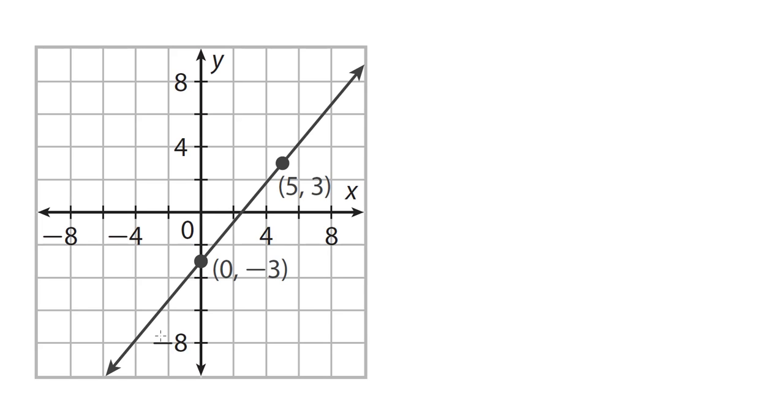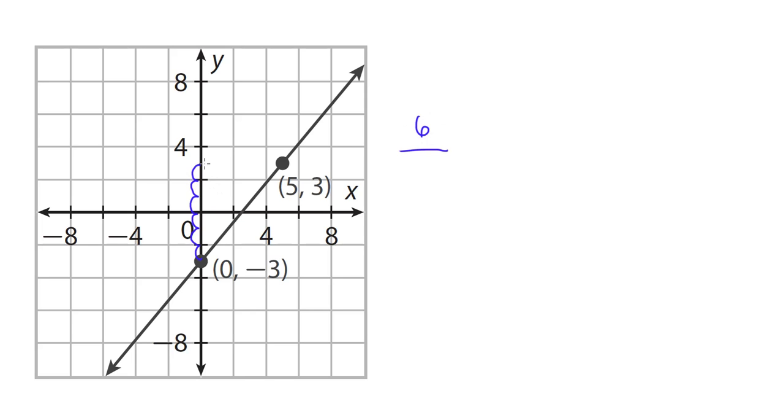So here we see that this line is traveling upwards from left to right, so we know it's a positive slope. So let's get our rise, which is again the change in y. To get from this point to this point, notice again that this scale is counting by 2's. So a half a step is 1. So this is going to go up 1, 2, 3, 4, 5, 6.